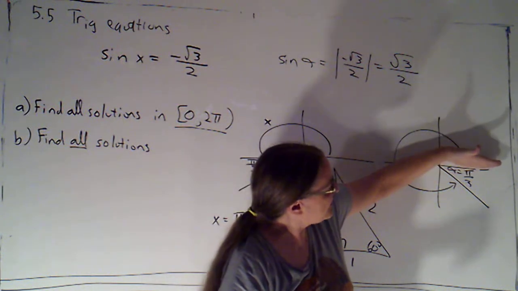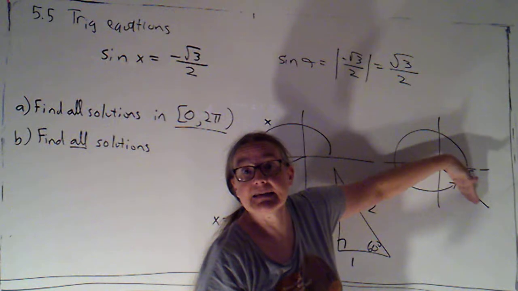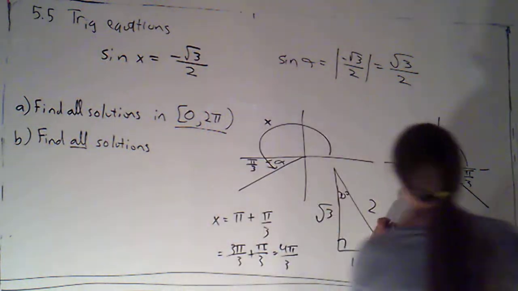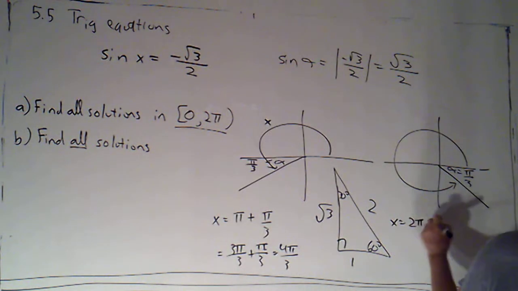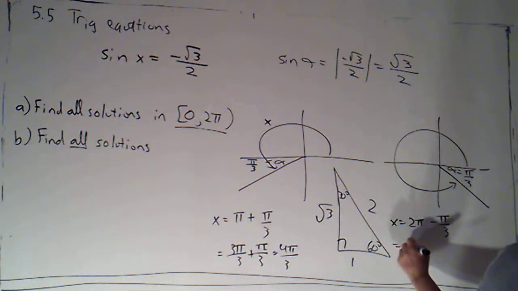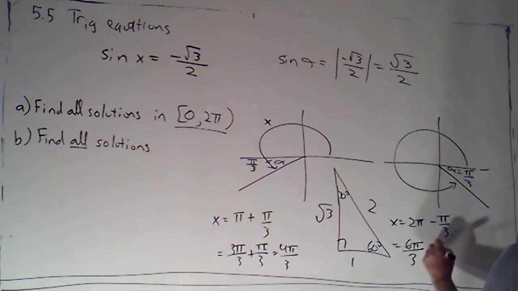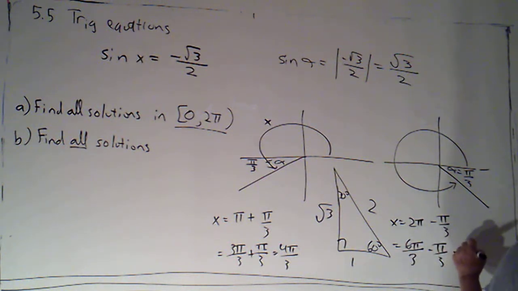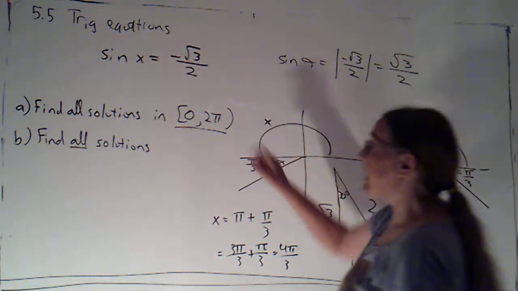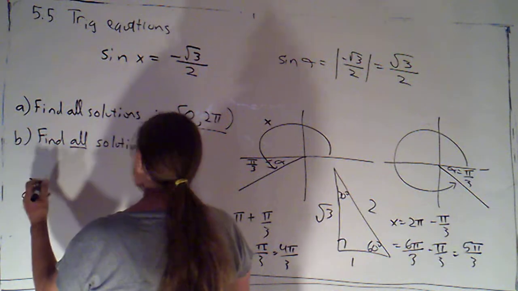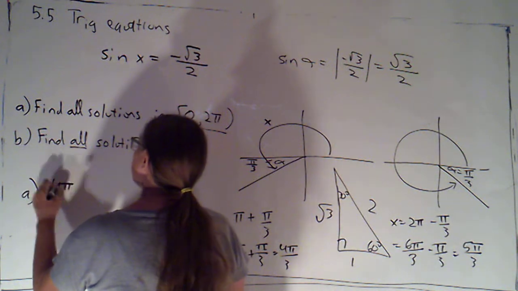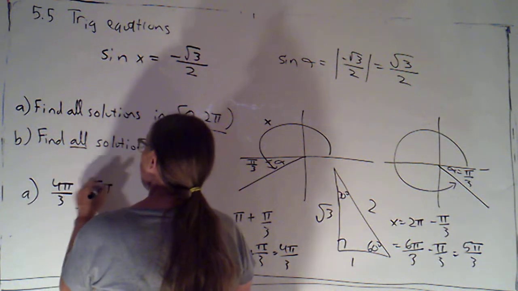So it would now here be 2 pi minus pi over 3. So x is 2 pi minus pi over 3. That would be 6 pi over 3 minus pi over 3, or 5 pi over 3. So my answer to part A is 4 pi over 3 and 5 pi over 3.